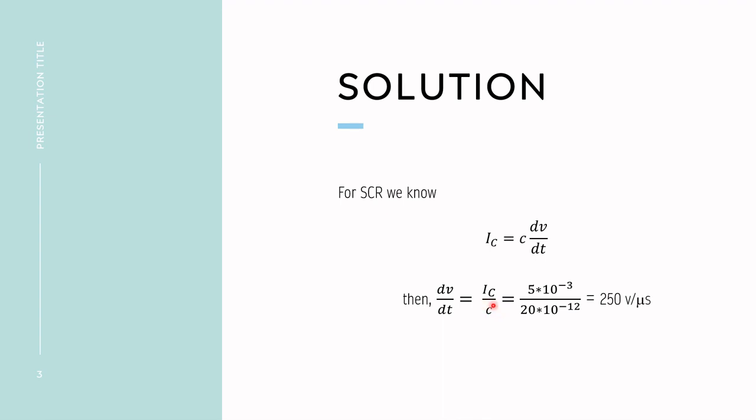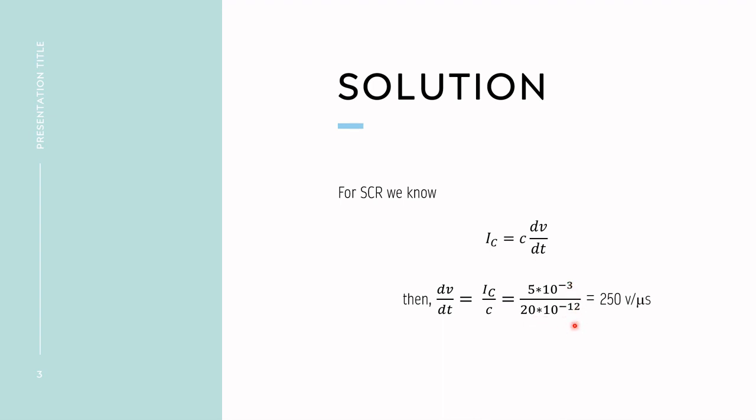So IC value is 5 milliampere, so here we write 5 into 10 to the power minus 3, and C value is 20 picofarad, so here we write 20 into 10 to the power minus 12.